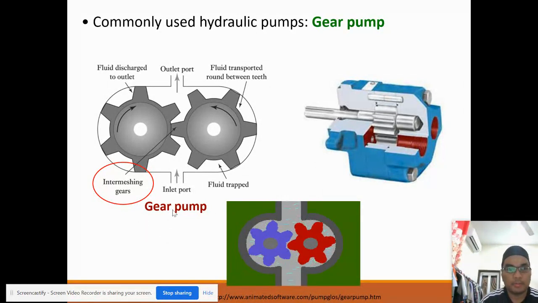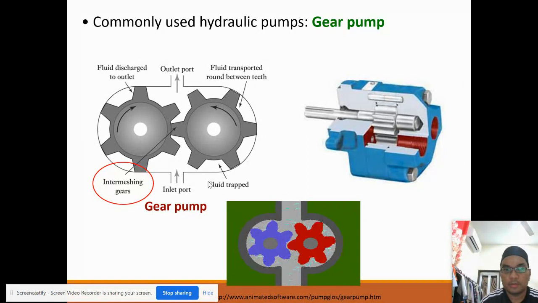The oil will go through this inlet port, and then you have a motor that will move this gear. The important part of this gear pump is the intermeshing gears. The intermeshing gears will move like this, in opposite directions.